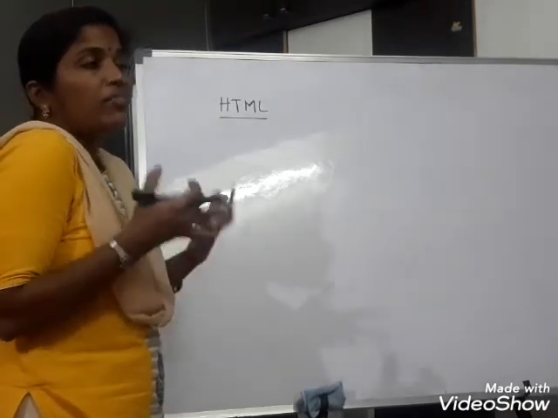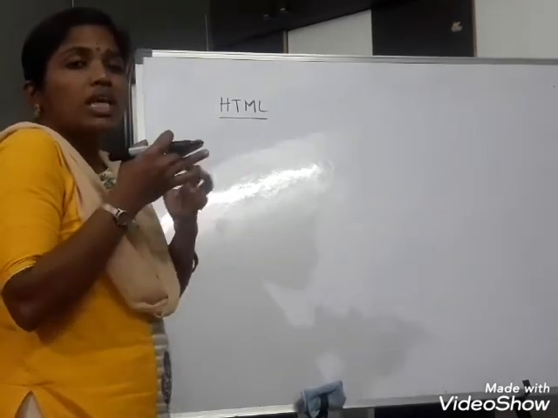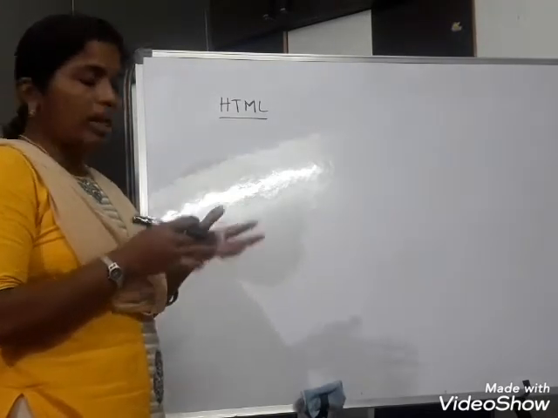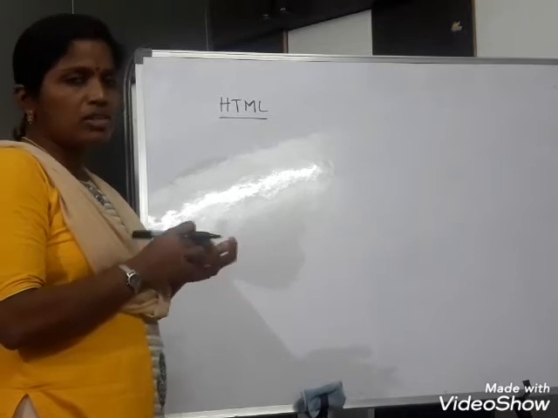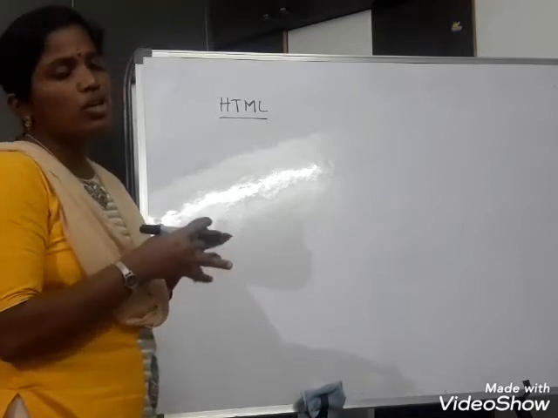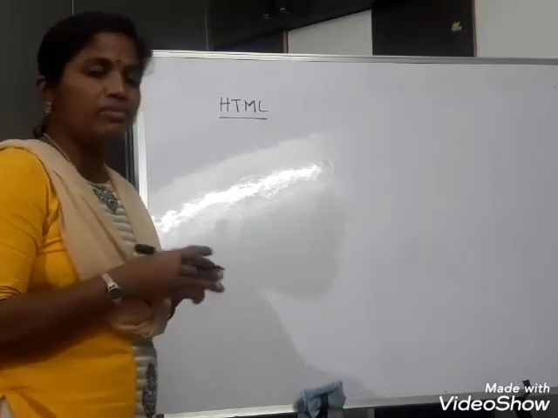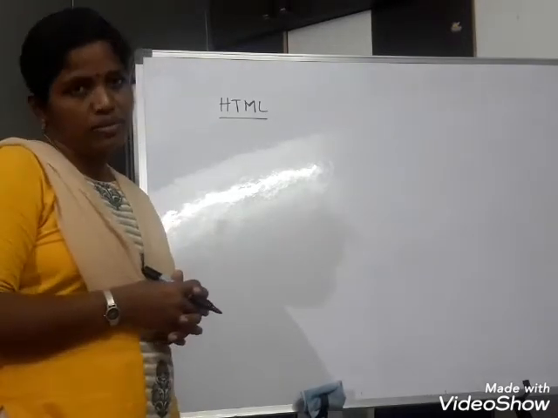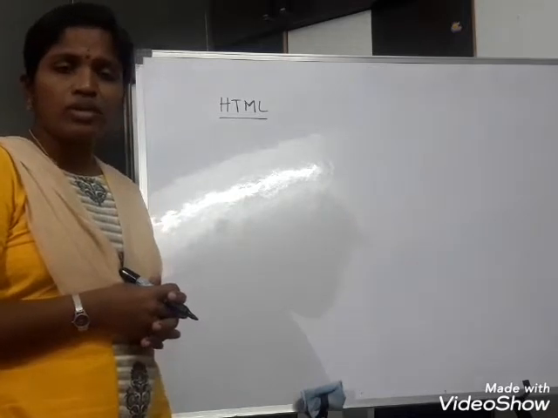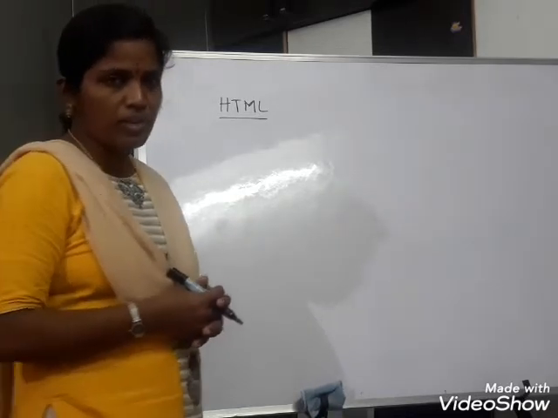So we require different types of elements to be kept on my page, like text, color, images, videos, audios, all the multimedia contents and everything. Everything must be taken care of by HTML. Right? So that is the need of HTML.